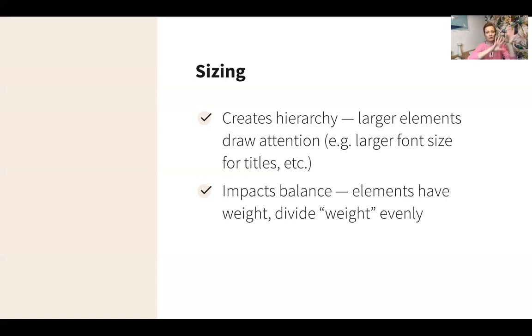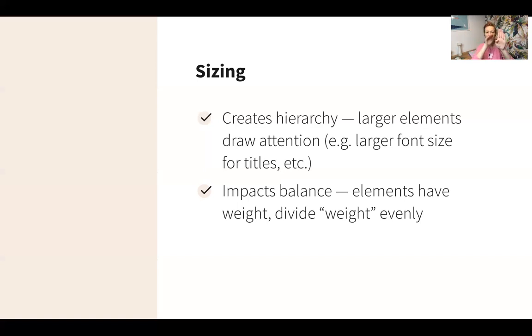So when you divide your elements on the layout, to create balance you try to divide the weight evenly. Elements have weight, but also the space around the elements has weight. Imagine that you have 2 elements on the layout. One is big and black, and the other one is small and black.